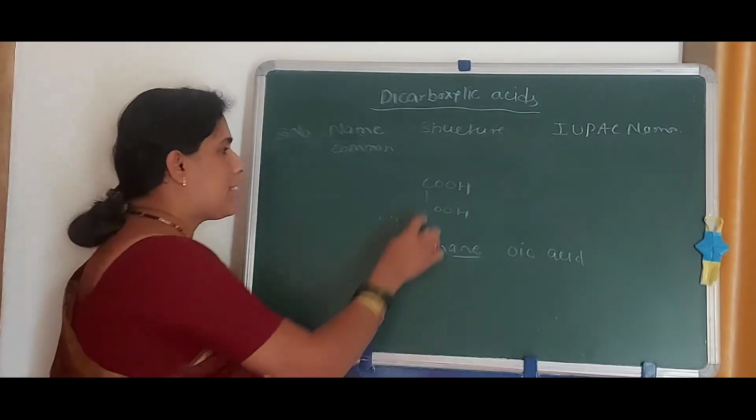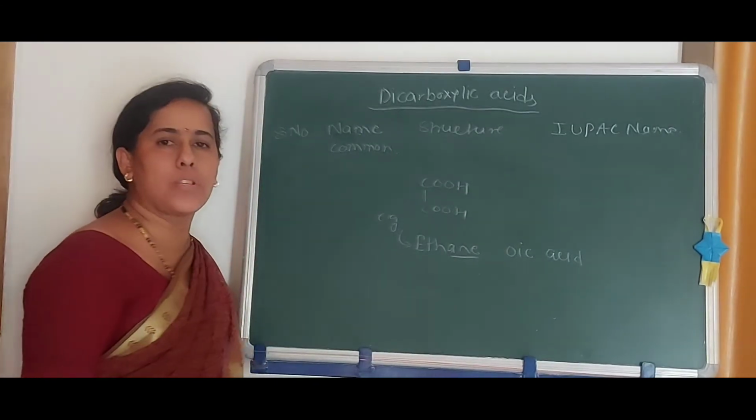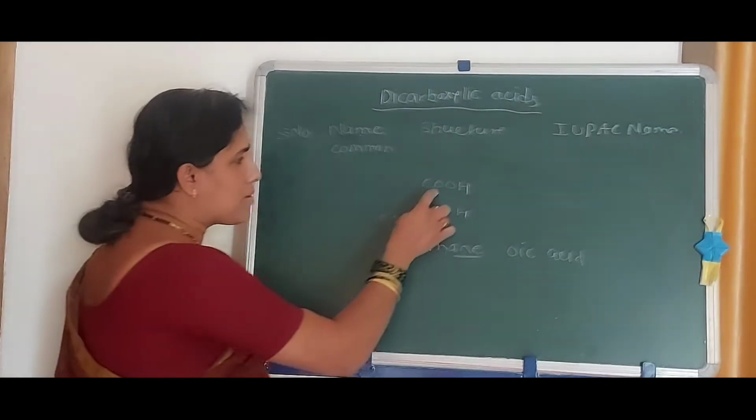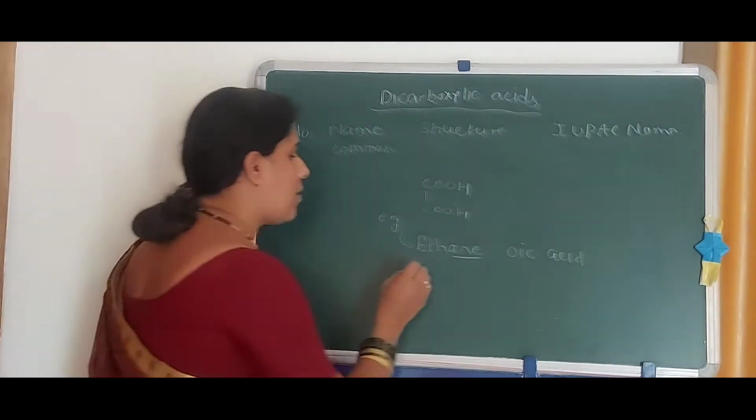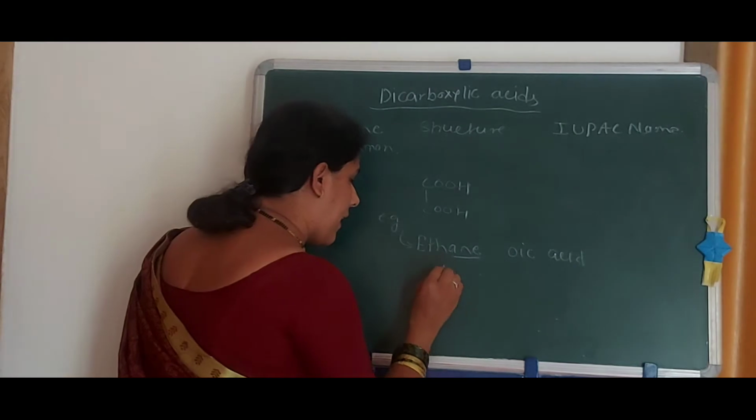OIC acid, because it contains carboxyl groups. How many times is the carboxylic group present? Two times. For two times we use the word di.